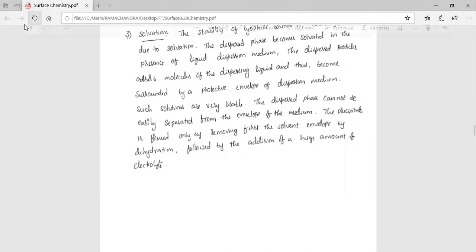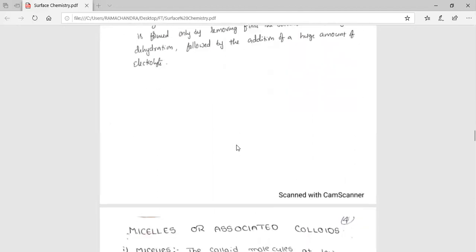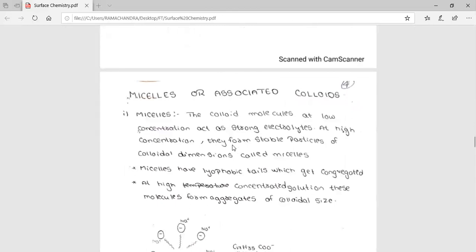So by using electrolyte or a dehydration process, we break down the envelope in the solvation process, which otherwise gives protection for the formation of colloidal particles in the medium.